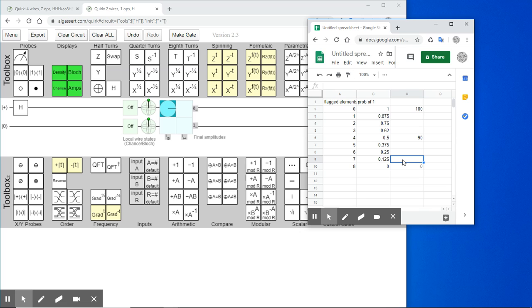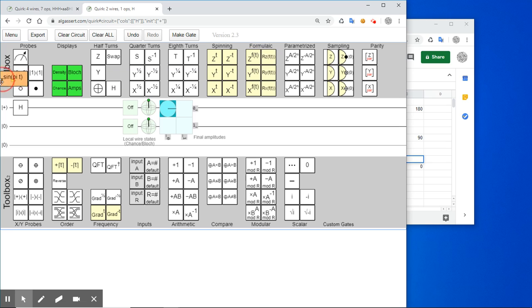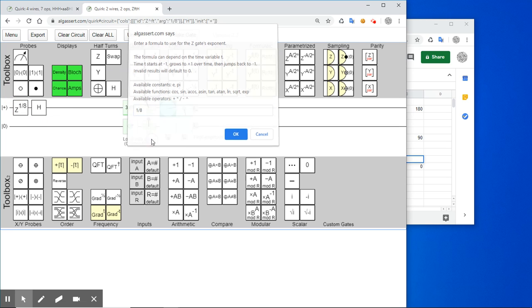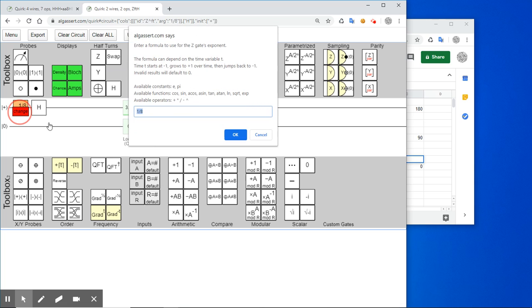And then if I do a 1/8, like if I do 4/8, so that's 1/2, then it's 50%.